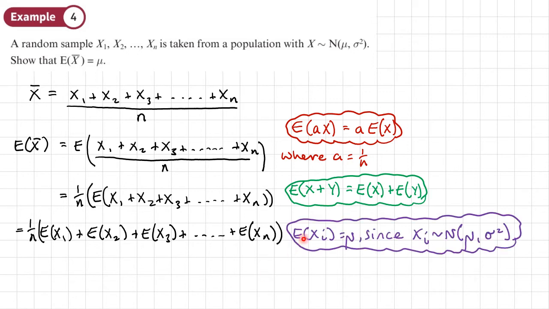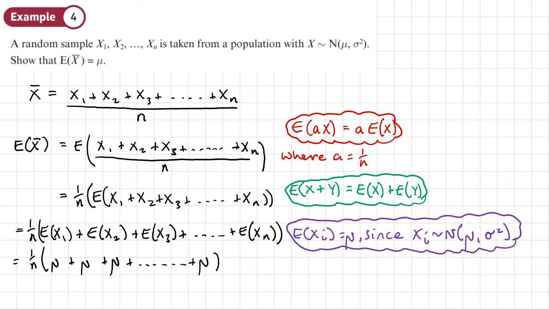We can now use this bit of information here that E of xi equals the population mean, since all of the random variables are normally distributed with a mean of mu. So each one of these here can be replaced by mu. So I have 1 over n times mu plus mu plus mu right up to the last mu.